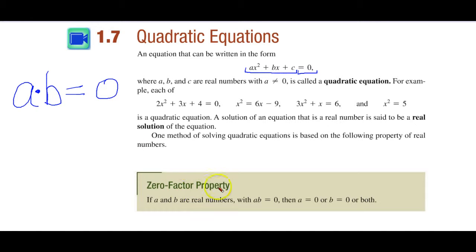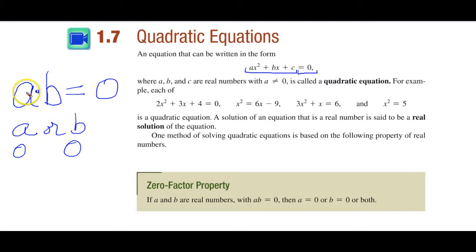Now, that's what the zero property or zero factor property is, which pretty much means in order for this statement to be true, either A or B has to be a 0.